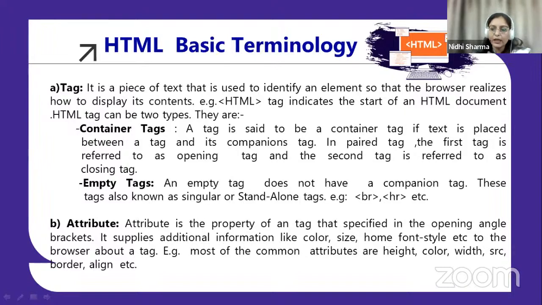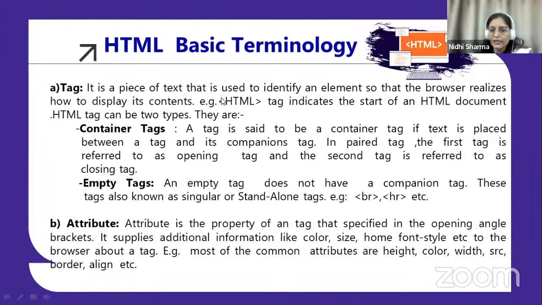One is the container tag and the second one is the empty tag. A container tag is a tag that has both the opening tag as well as the closing tag. Now, you can see this. This is one tag called HTML. HTML is the first and foremost tag that we use in any web page while creating any web page. It tells the browser that we are going to start an HTML document. Now, a tag is always enclosed in angular brackets.